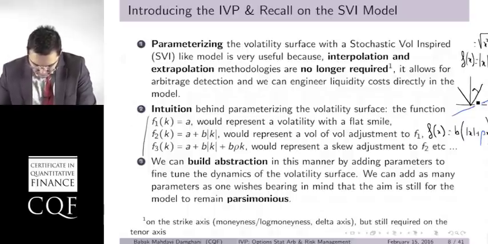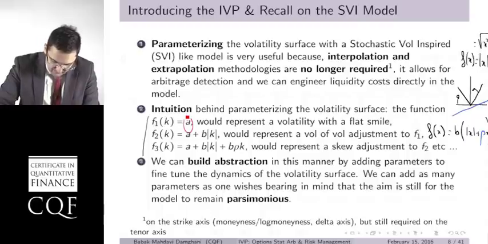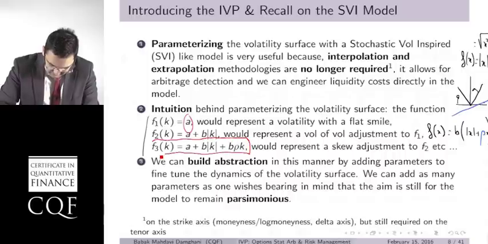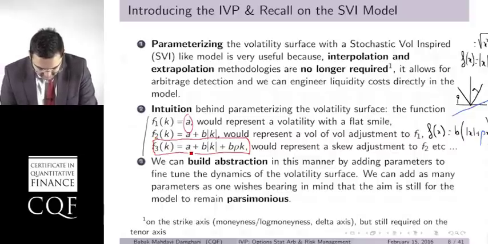You want to be able to move up the at the money such that it's not equal to 0, so you can add an a here. And what you have right here is the skeleton of the SVI model. It's not exactly the at the money, but as an introduction, it's good to think of a as the at the money, b the vol of vol, and rho the skew.